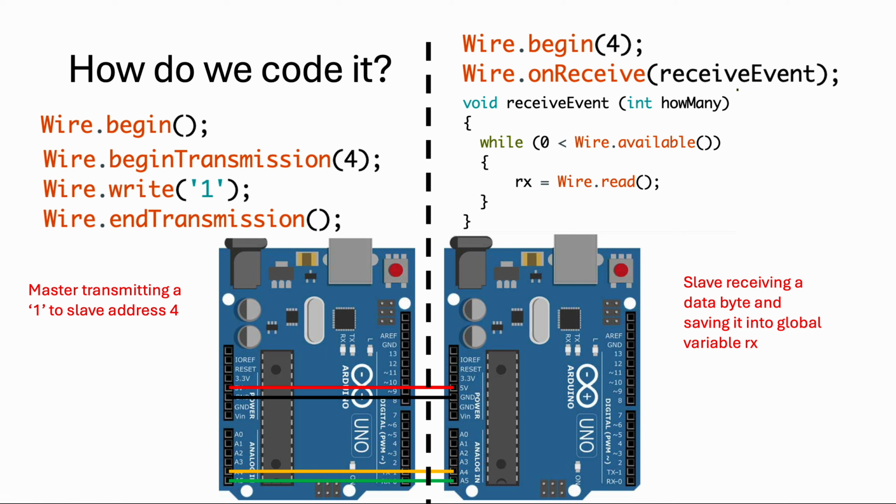On the slave side, we need to initialize it as a slave with address. Notice that both of them have the same address. Then we need to write an event. This is going to make more sense once we go over the examples, but basically an event is a part of code where the Arduino will jump from the loop to notify that something has been received.